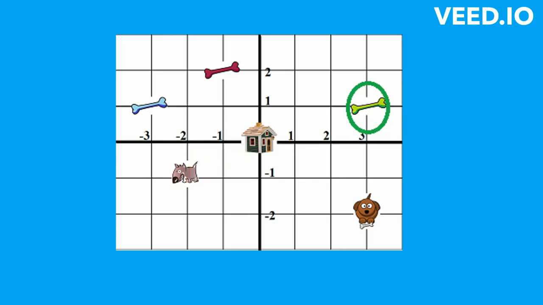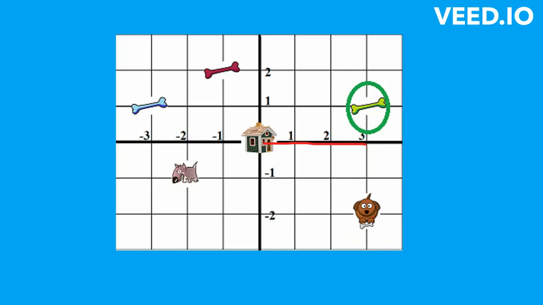Let's try to find the coordinate pair for this one. It is 3 units from the origin on the x-axis in the positive, forward direction. So 3 is the x coordinate. On the y-axis, it is 2 units from the origin, but in the downward direction, in the negative direction. So -2 is the y coordinate.